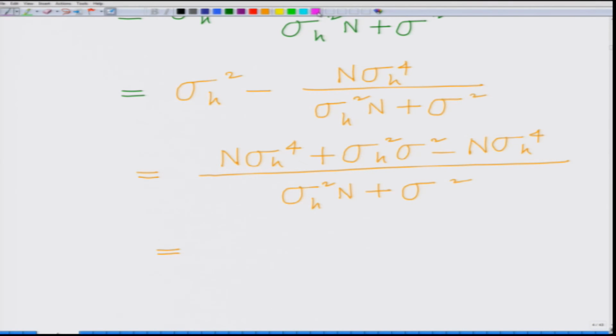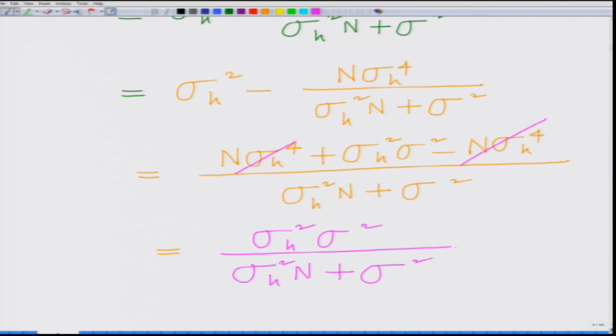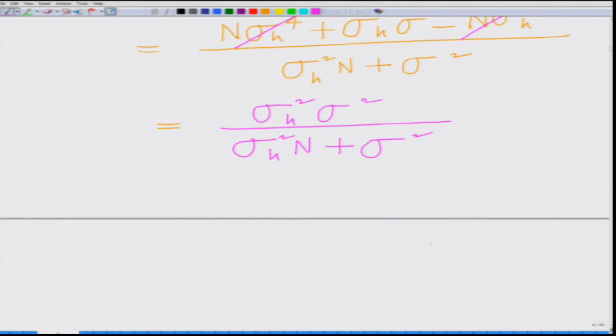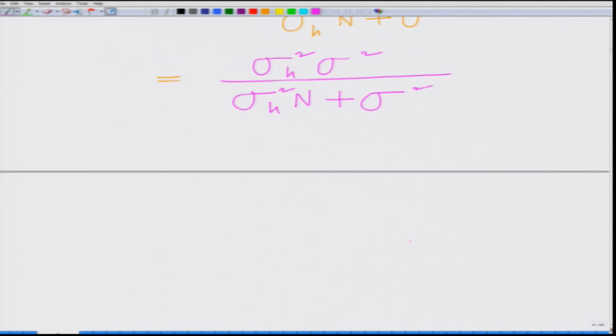Now look at this: sigma_h square into sigma_h square n, so once you simplify, you get (n sigma_h^4 plus sigma_h square sigma square minus n sigma_h^4) divided by (sigma_h square n plus sigma square). Obviously these two cancel, so what you have is sigma_h square times sigma square divided by (sigma_h square n plus sigma square). Now, to simplify further, we are going to divide the numerator and denominator by the quantity sigma_h square times sigma square.